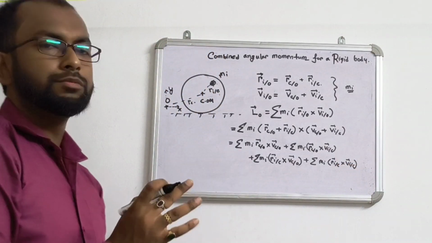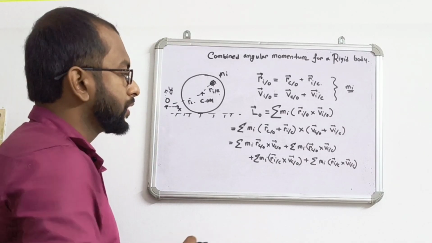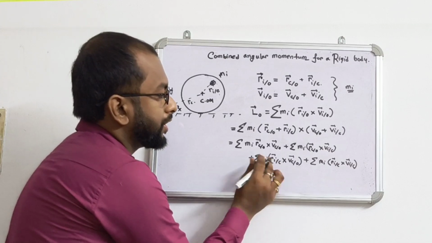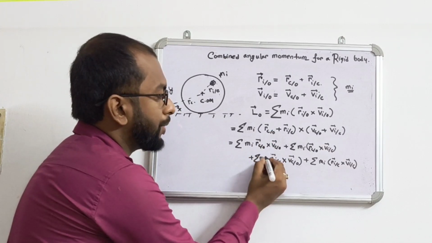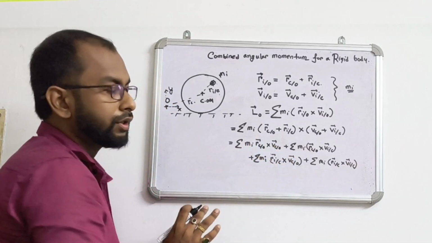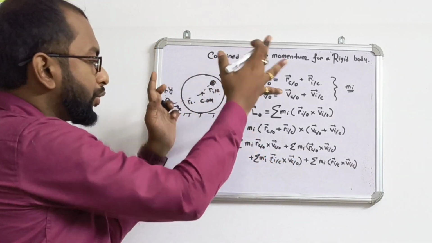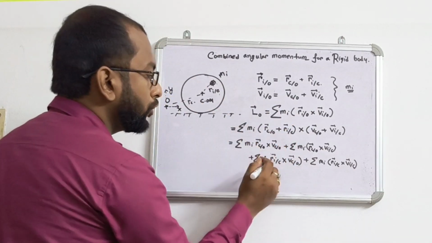Now some terms will be 0. What are those terms? See, this term is a summation. If I remove this bracket, it is just summation of MI RI. So with respect to the center, the mass is equally distributed. So the net first moment of all those masses will be 0.